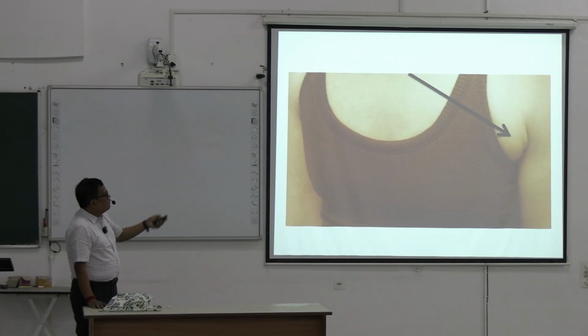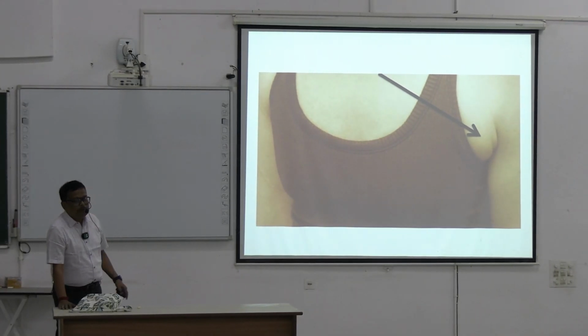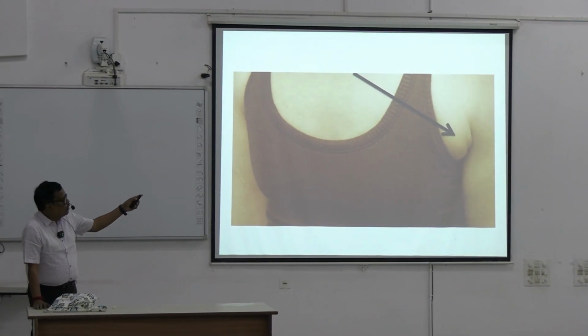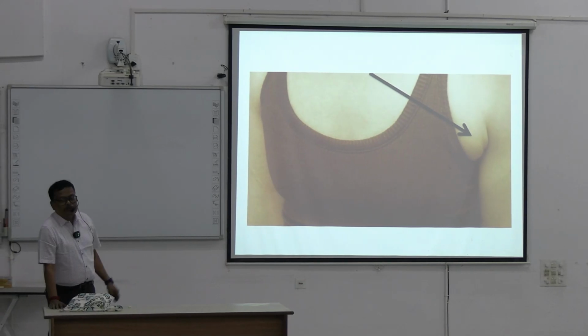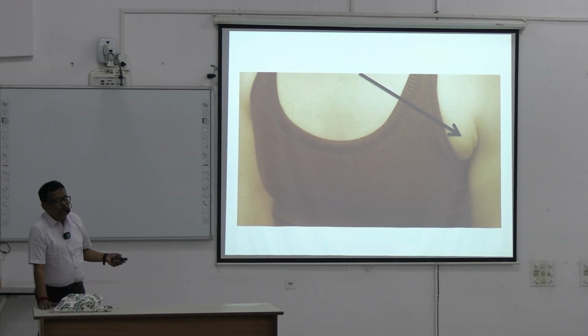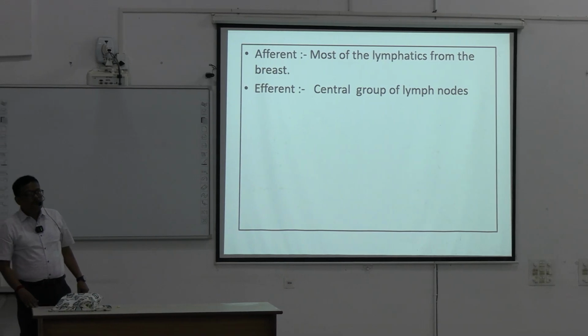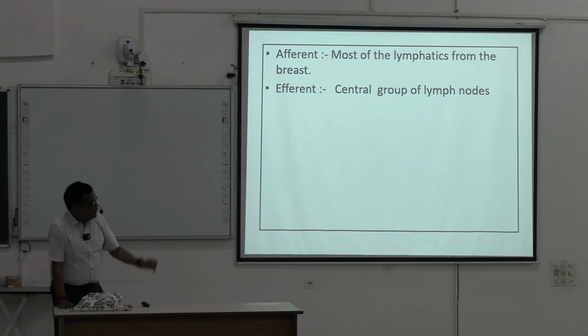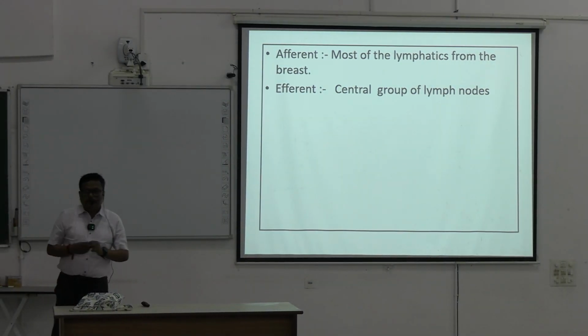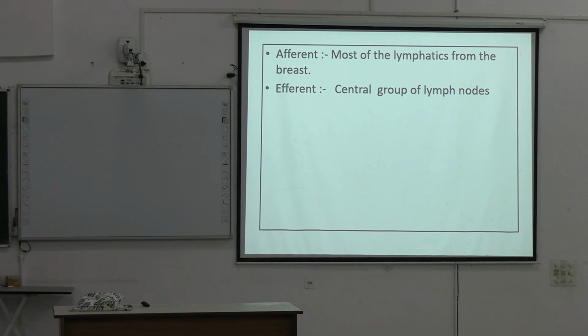So this might be an anterior wall lymphadenopathy or might be a cancer of the axillary tail of Spence. So you have to thoroughly examine the area. The draining area, it is number one. Afferent. Afferent means draining area.